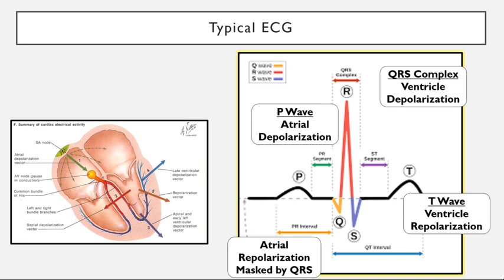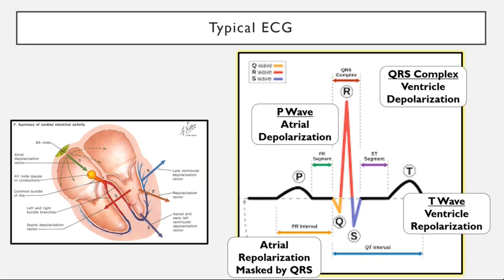So the SA node regulates atrial depolarization, and then the AV node is going to regulate the ventricle. But the SA node also regulates the AV node as well, right? So there's an order of things. It's SA node, atrium, AV node, ventricle, as far as depolarization goes.